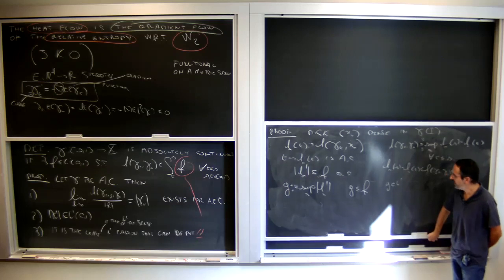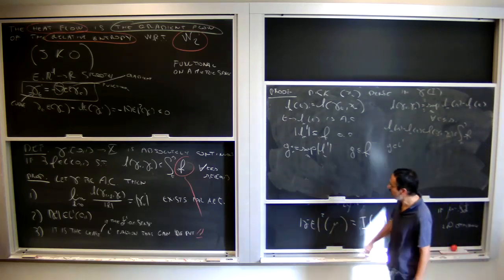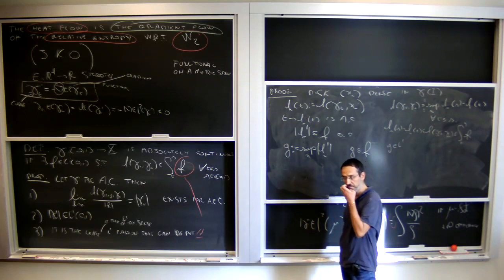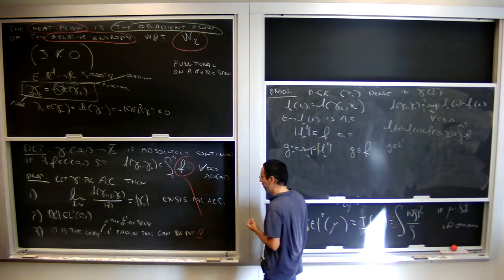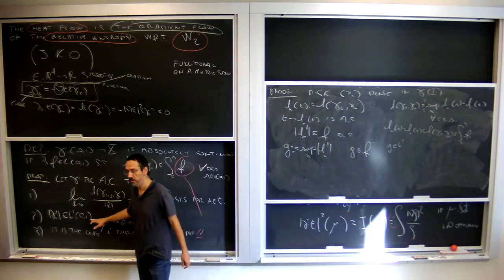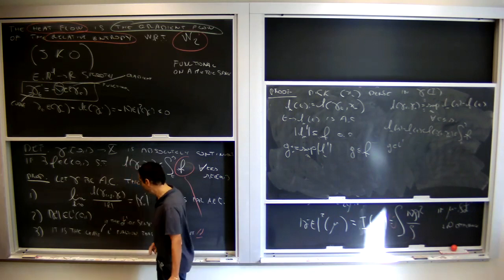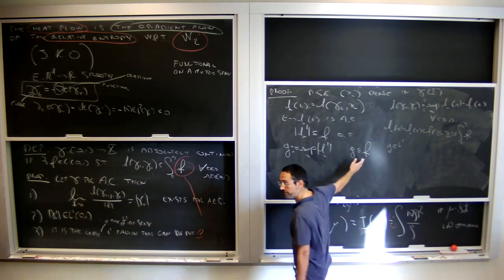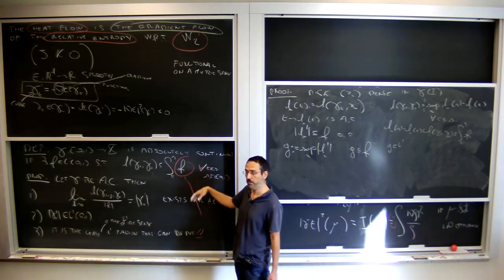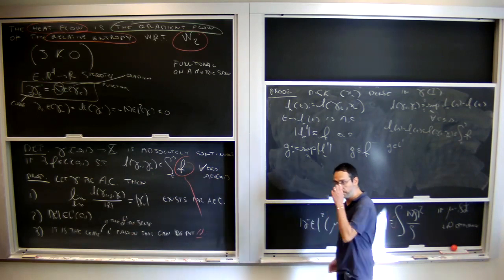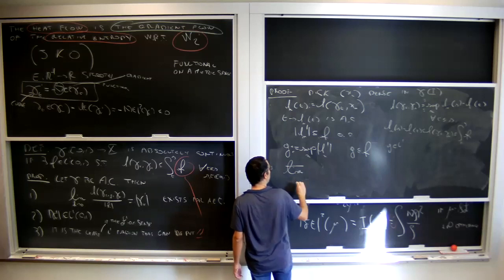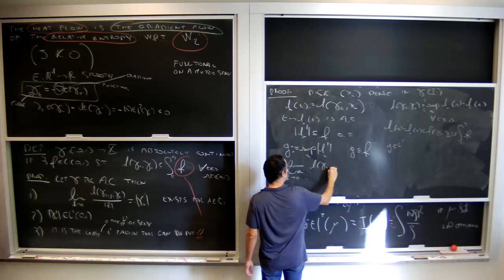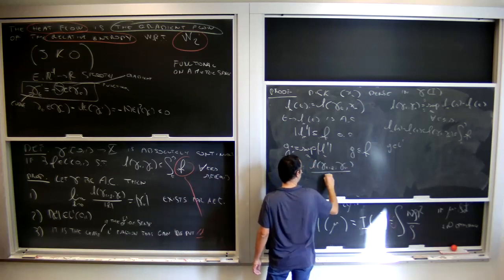Now I claim that the metric speed is equal to G. If I do so, I'm done, because I would have proved that this is in L1, since G is in L1. And given that G is clearly less or equal than f, the metric speed would be less or equal than any f that you could put on the right hand side. Well, how much is the lim sup as h goes to 0 of the distance between gamma t plus h and gamma t, divided by h?